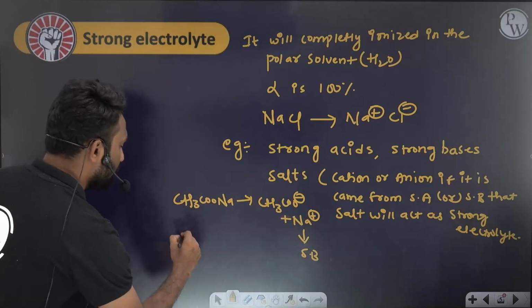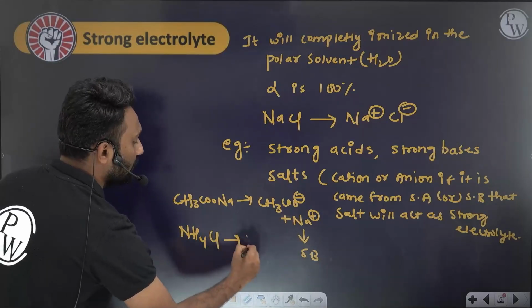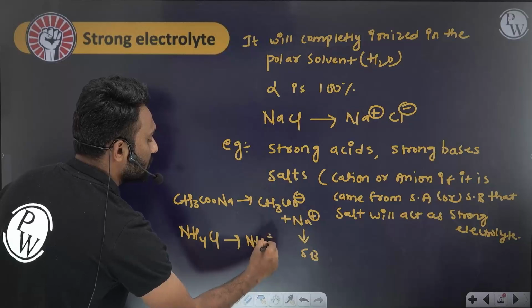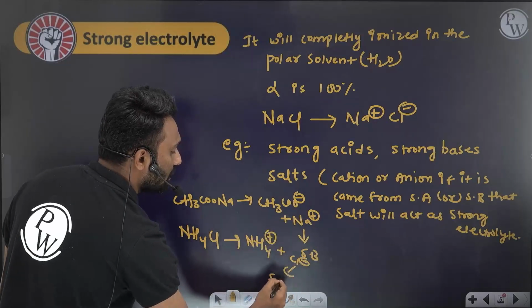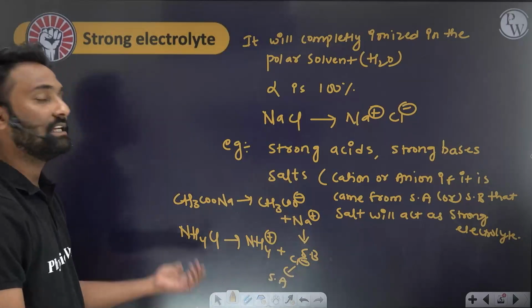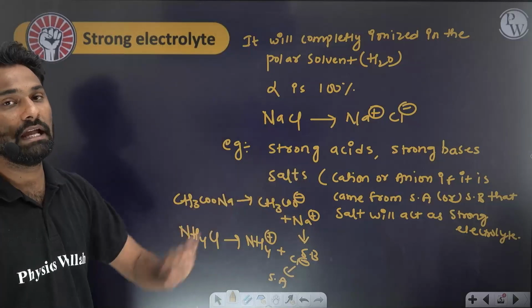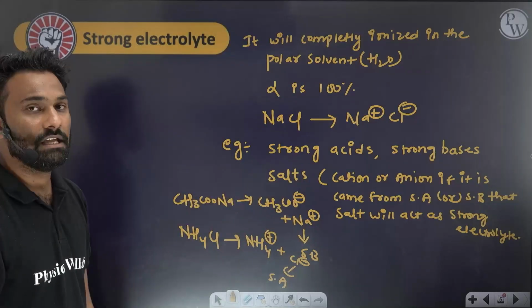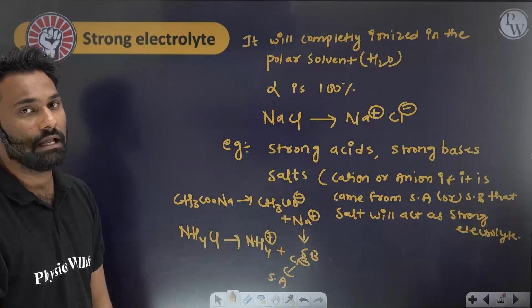Now NH4Cl, ammonium chloride, dissociates as NH4 plus and Cl minus. The Cl has come from the strong acid. At least one ion, either the cation or the anion, if it has come from a strong acid or strong base, that will act as a strong electrolyte.